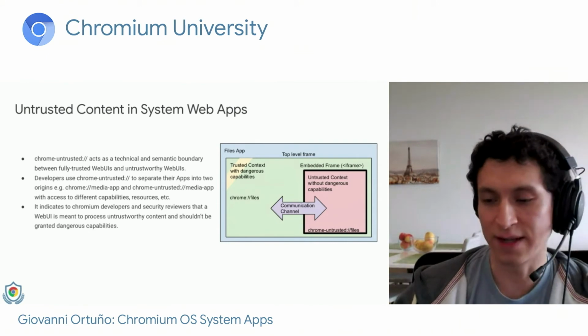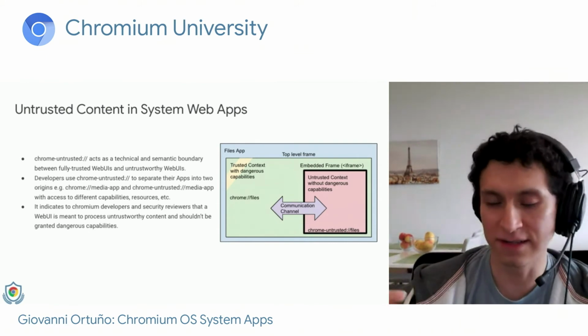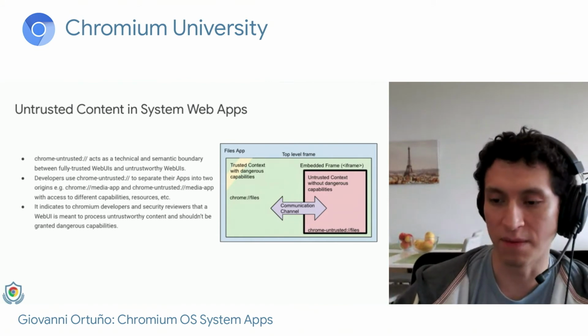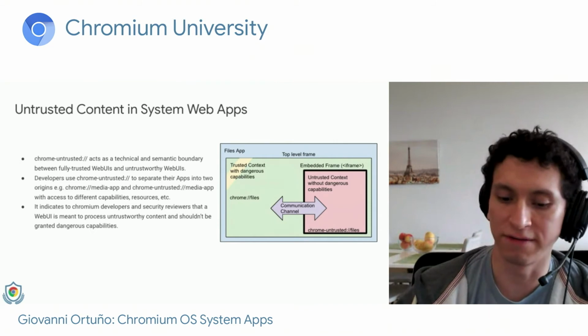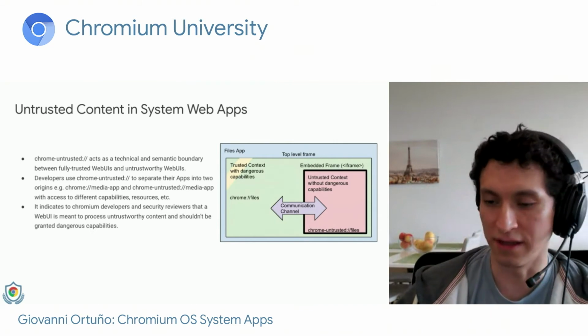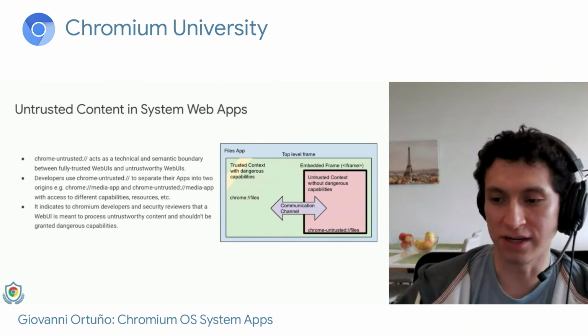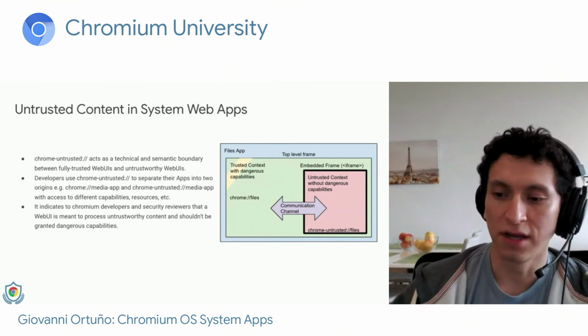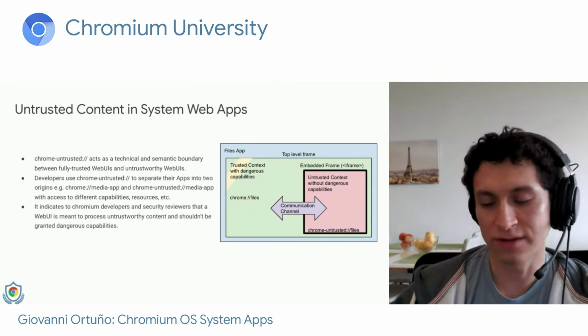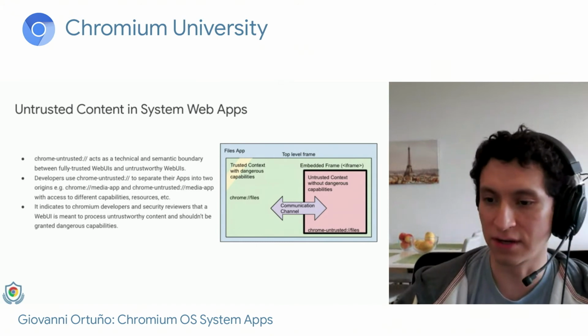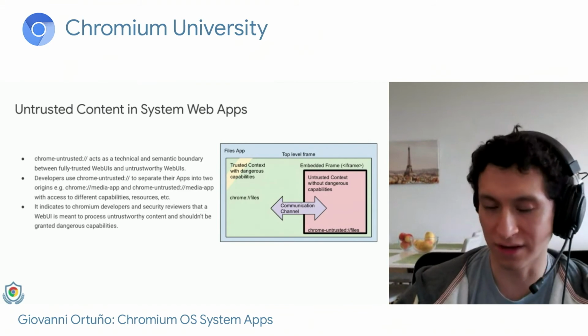And this helps, since this is an iframe, it's rendered in a separate process, so there is no risk of that image compromising the trusted context. And lastly, we have this communication channel that currently uses postMessage, so that developers can send data across the trusted context and untrusted context boundary.